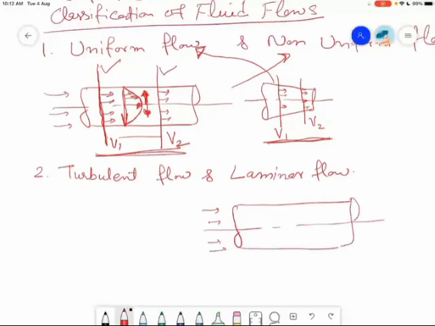If the fluid flows through this pipe along definite layers, in this case the fluid particles on one layer do not move to another layer. The movement of particles from one layer to another layer is restricted. The particles are moving only along their own straight layers. That type of flow we call laminar flow. I repeat its definition: a flow in which each liquid particle has a definite path.